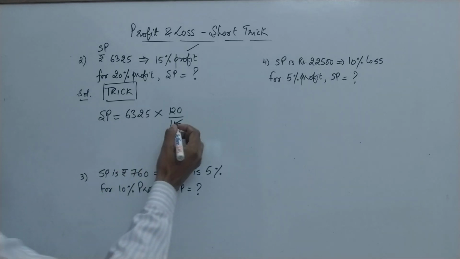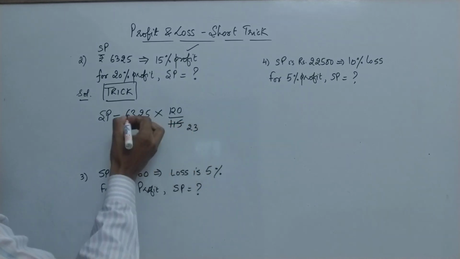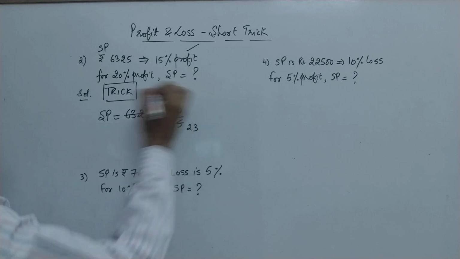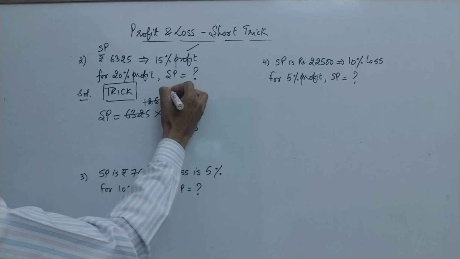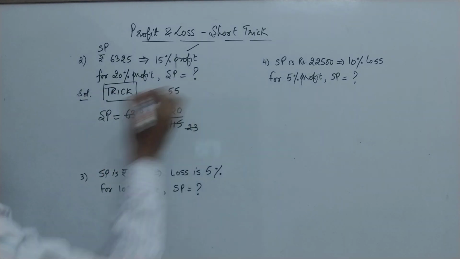Again we have this cancelling with 5. So this is 23, and you can cancel this with 5. 1265, and 23 goes 5 times. So 115, again 115, so 55.